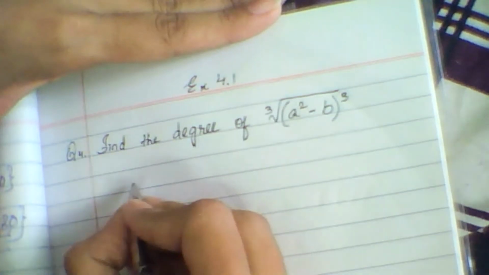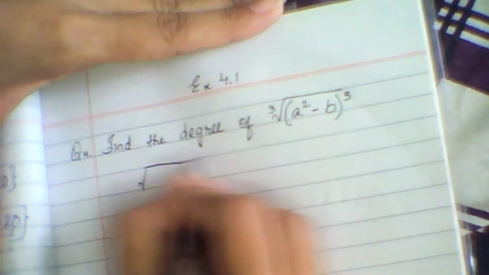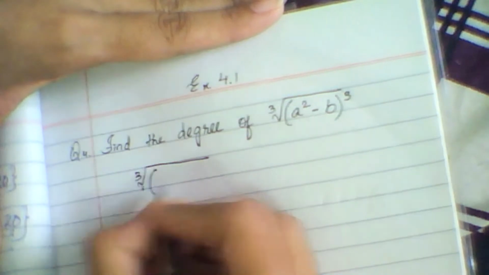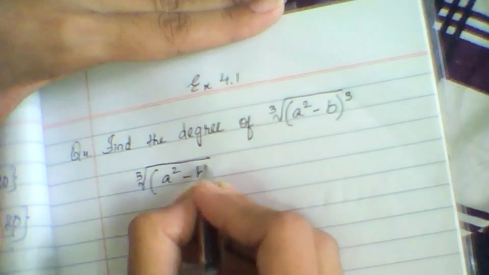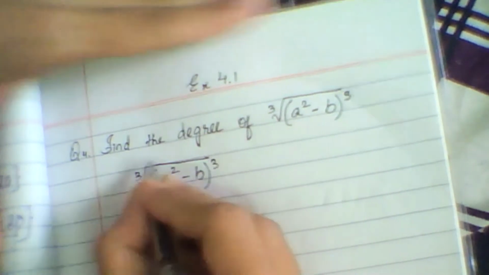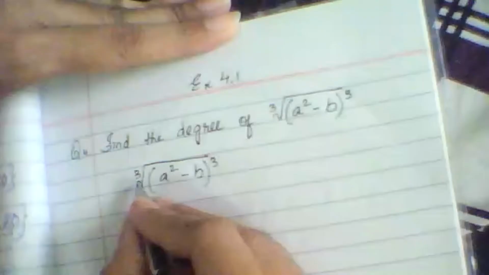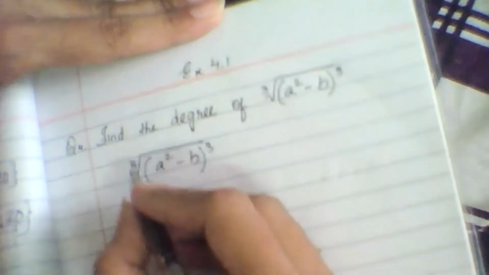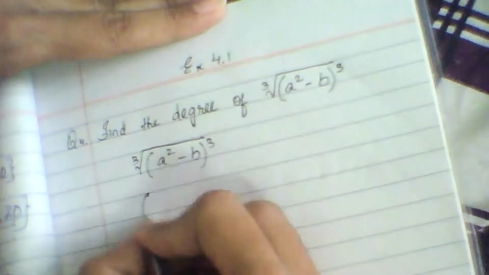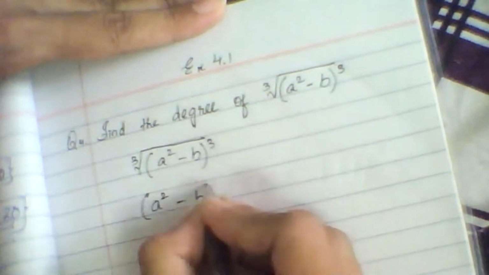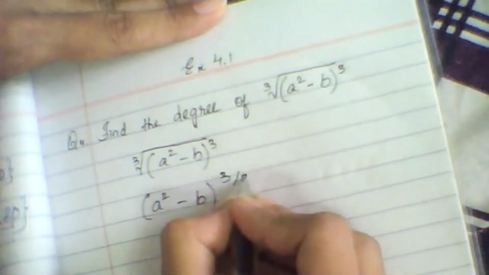But if the question is here like cube root is over there, how can we solve it? If we remove this cube root, का मतलब क्या है 1/3. ठीक है, cube root means 1/3. So we can write like this, a square minus b 3/3.